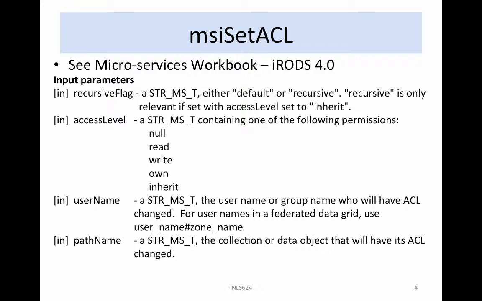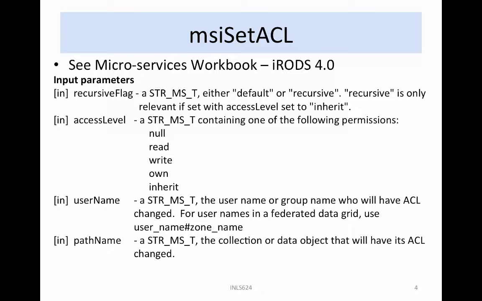The Microservices Workbook, iRODS 4.0, lists examples of the use of each microservice. For the msiSetACL microservice, the input parameters are: recursive flag, a string either default or recursive. Recursive is only relevant if set with access level set to inherit.